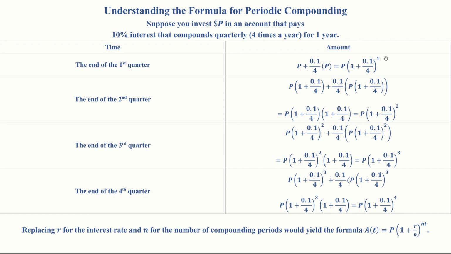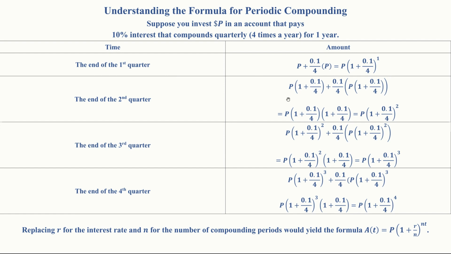It'll become clear later why I put it there, because obviously you can raise anything to the power of 1 and it stays the same. All right, for the end of the second quarter, remember, this is compounding interest, so that means they're going to pay you interest not on the original amount P, but on where you started the second quarter with, which was how much you had at the end of the first quarter.